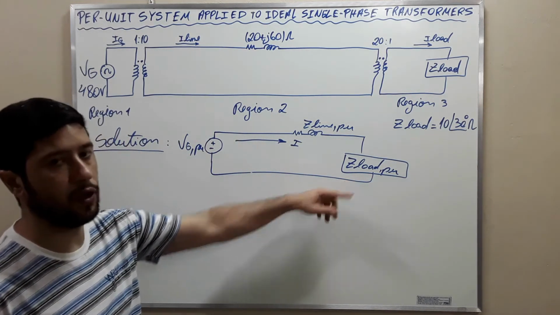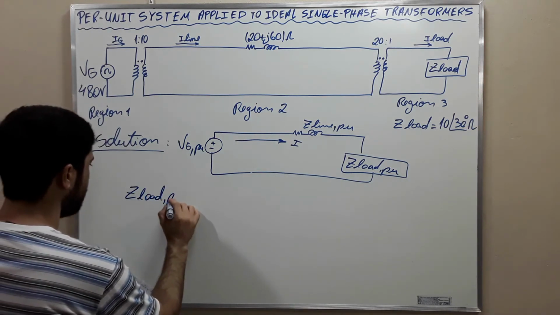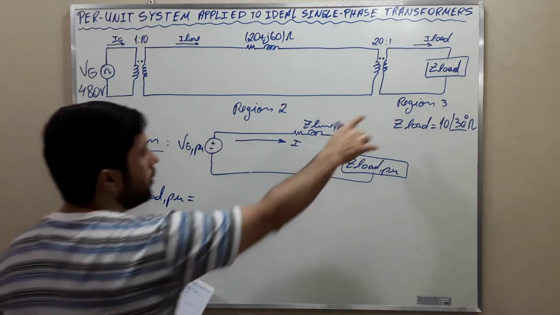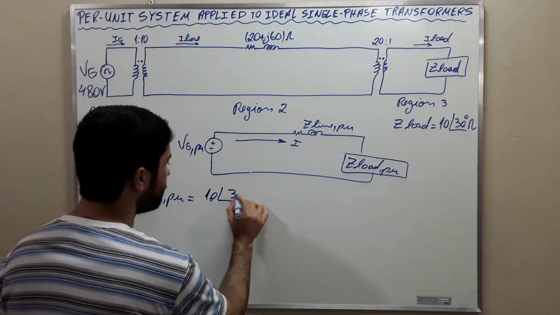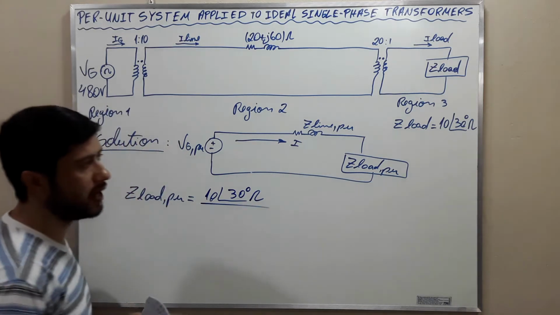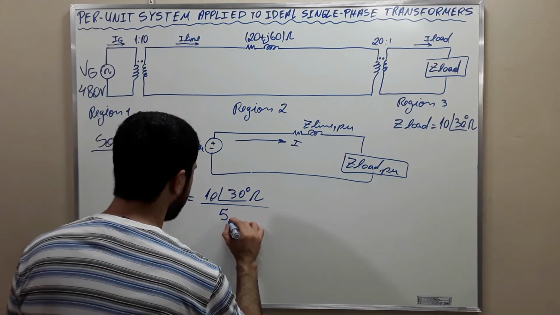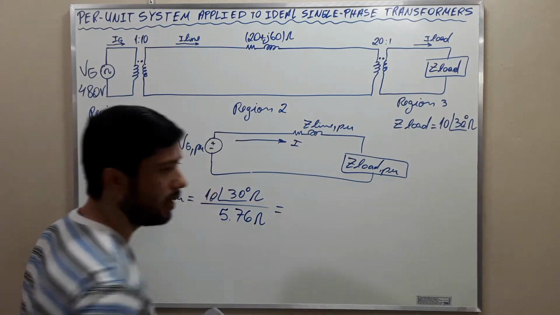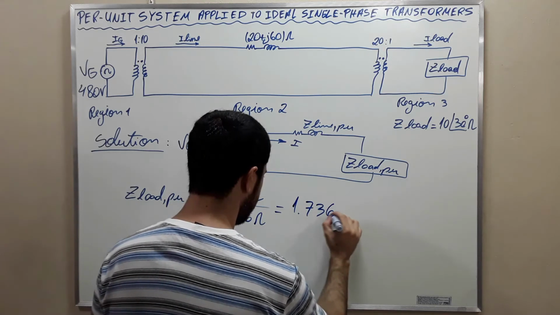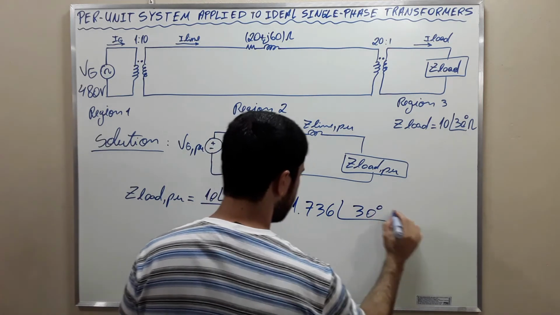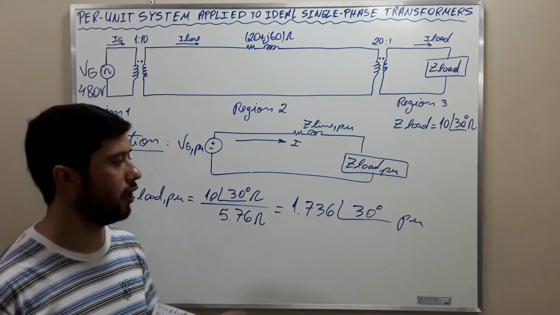The per unit value of the load is this value here, the actual value, divided by the base value for region 3, and then we find 1.736 phase 30 per unit.